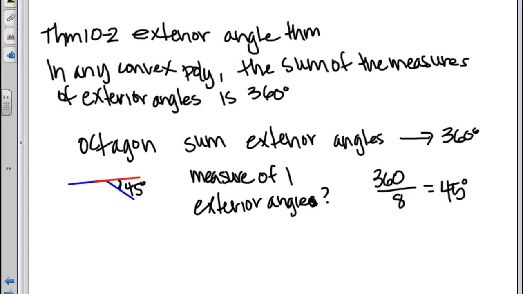Now remember, when we're talking about regular polygons, that means all angles are the same measure and all sides are the same length. They don't always have to be, so watch the instructions and make sure that's what it says. Like on this octagon, it would say find the measure of one exterior angle of a regular octagon. That would be the key word there.